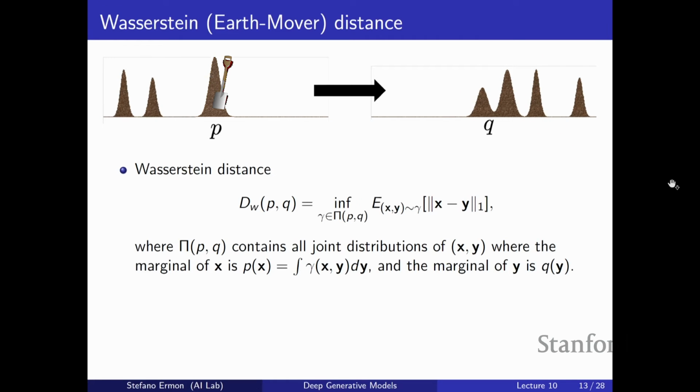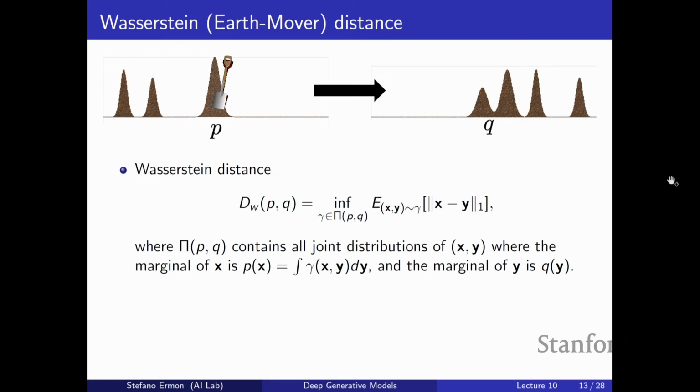And what you do is, over all these joint probability distributions that you're optimizing over, you look at the expected cost that you get when you draw x and y from this joint distribution. And the cost is the thing that we talked about, which is basically how much effort it takes to go from x to y. In this case, it's measured with this L1 distance.